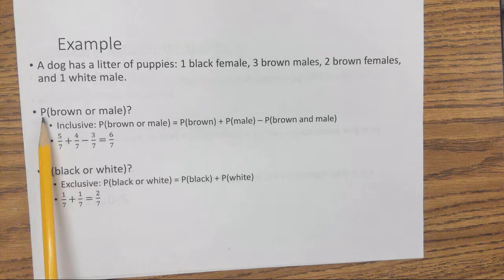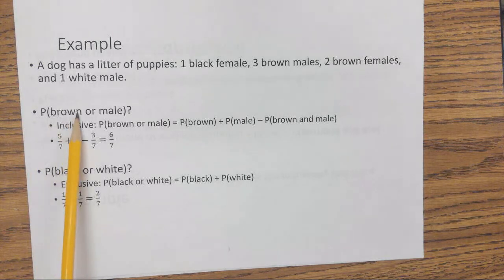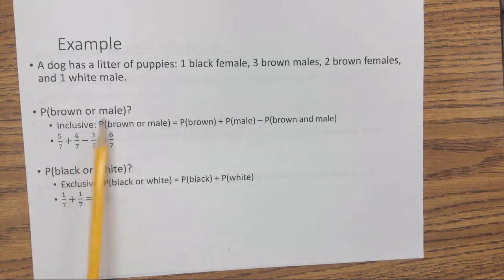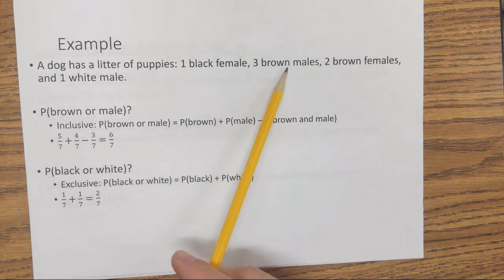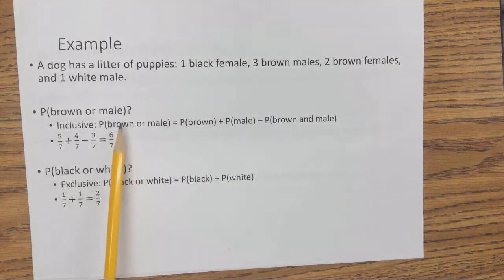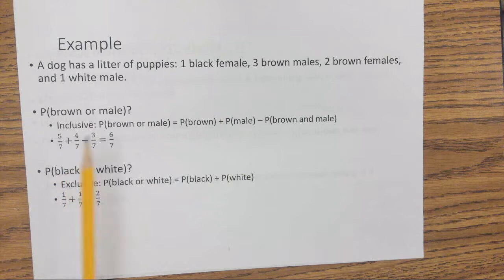Well, the first probability is that it's brown or a male. Well, it is inclusive because there's 3 brown males, so it could be brown and a male at the same time. There's also 2 brown females, so not necessarily, but because it could be both, it's inclusive.